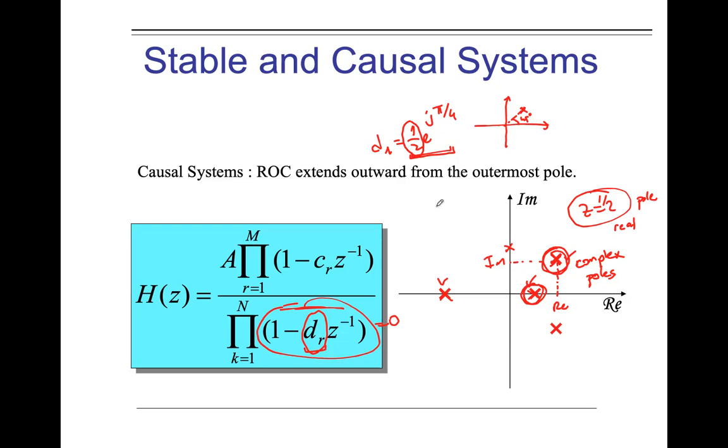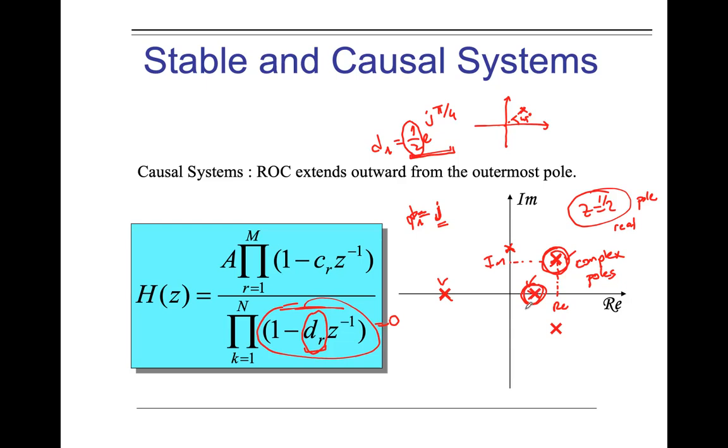Exactly. If I have this as a pole, it is also possible: no real part, only imaginary parts. For example, if I find the pole as j, d1 is equal to j, then this is my pole, and it is on the imaginary axis.